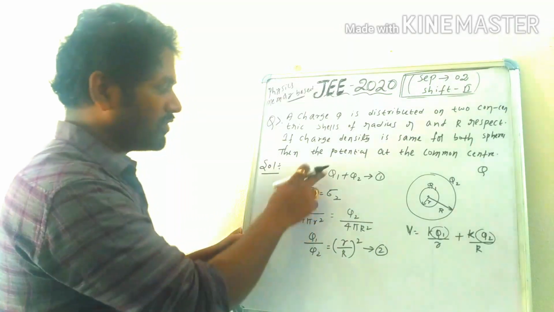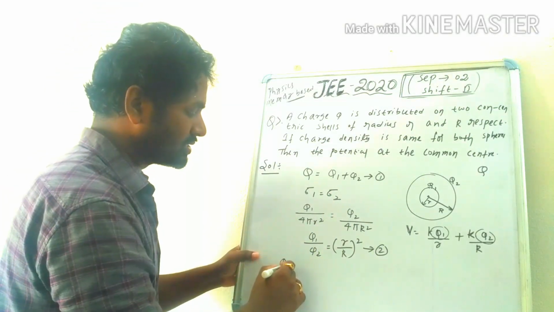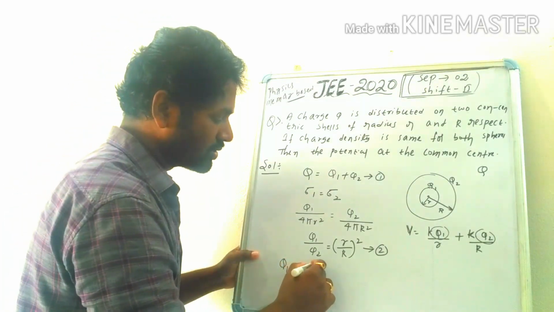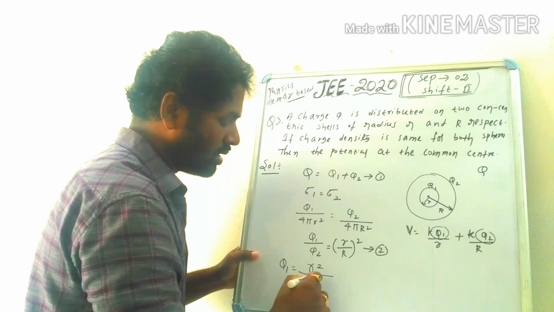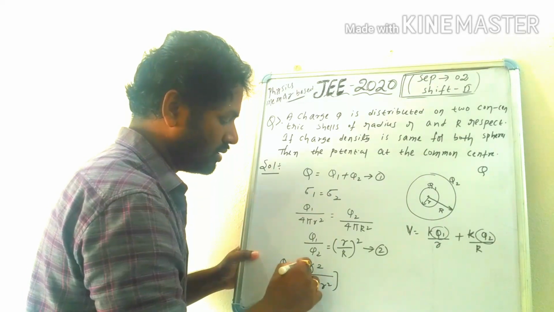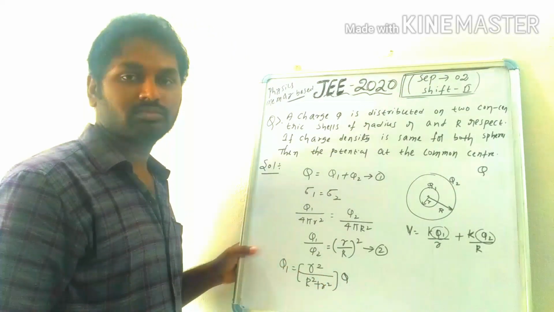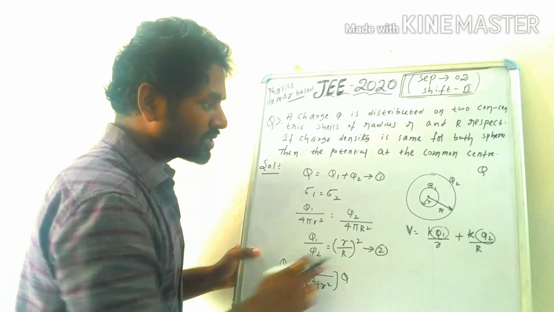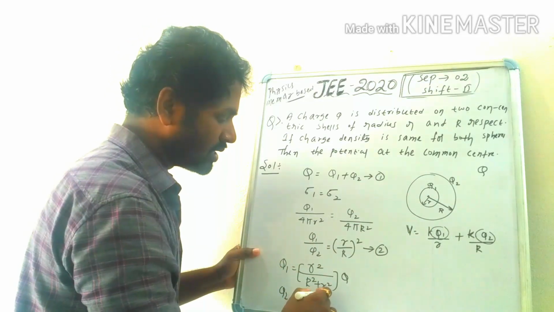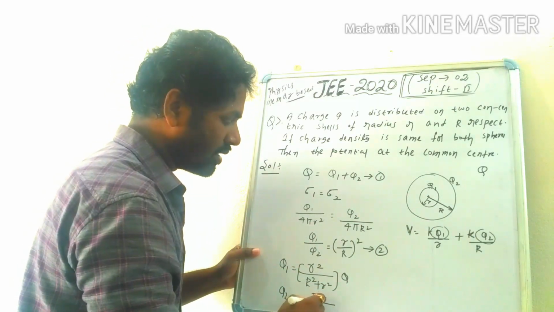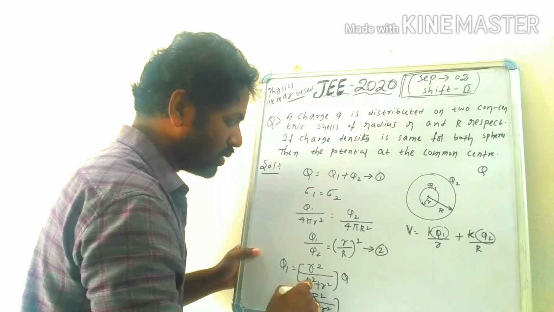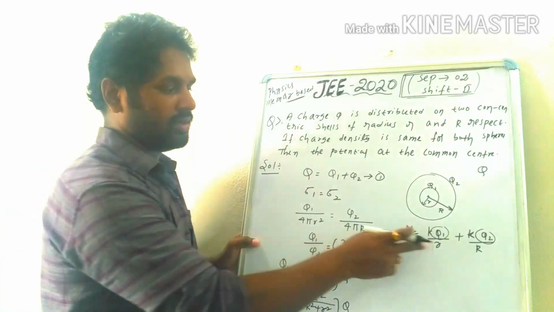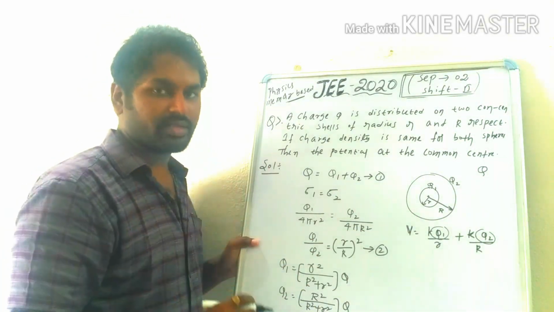If you solve these two equations, you will get, I am writing directly, Q1 is equal to r square by R square plus r square into capital Q, and similarly Q2, whose radius is capital R, is equal to capital R square divided by capital R square plus small r square into capital Q. By taking these two expressions into this equation, you will get the result.